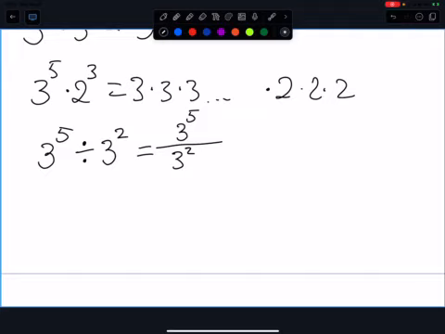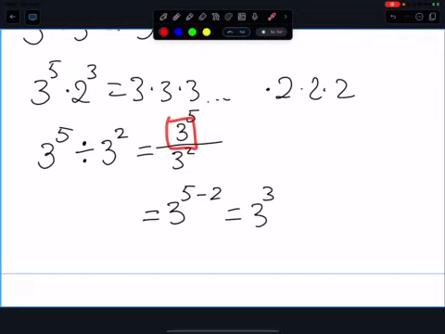That's what it means. And when you have division, what do you have to do? Subtract the powers. That's it. Easy. Same thing goes again. If the base numbers are not the same, you cannot do it.